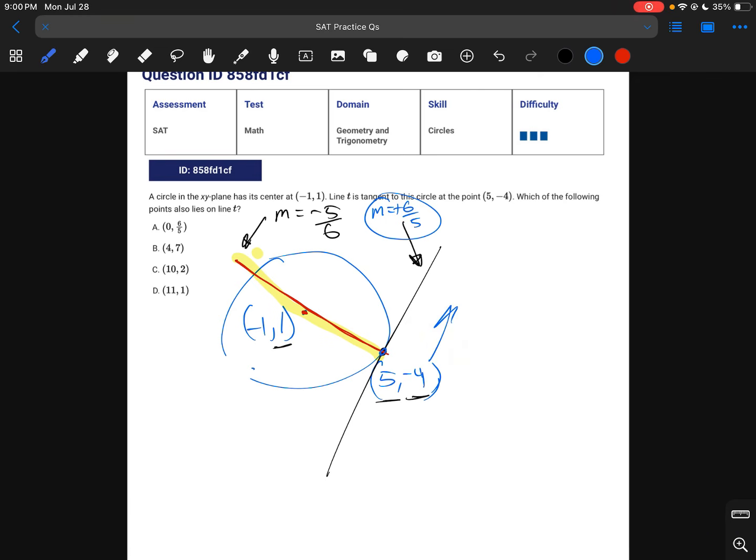So -4 plus 6 gives you 2, and 5 plus 5 gives you 10. So our coordinates is 10 and 2. And that just so happens to be the answer right here, because we need to go up from 4, up by 6, and then over by 5.